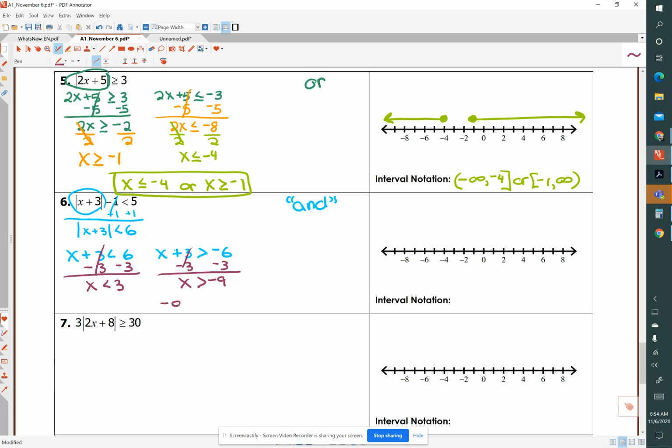So -9 is less than x, because x is greater than -9. So -9 is less than x, and x is less than 3. So x will be all the values between -9 and 3.